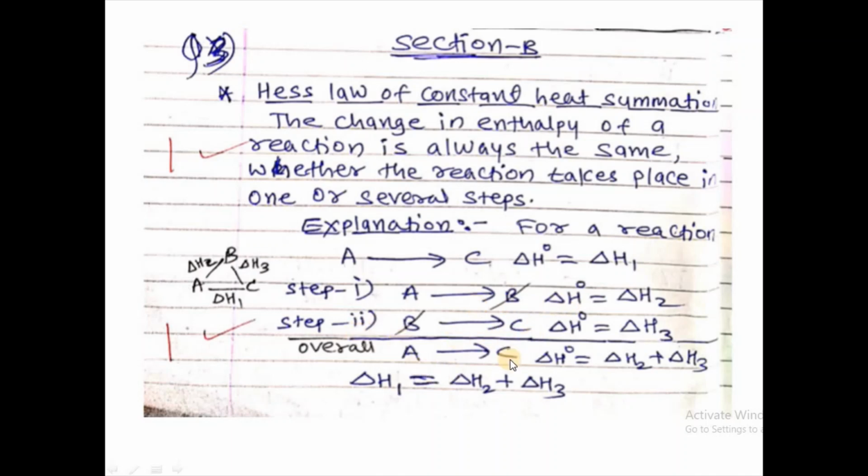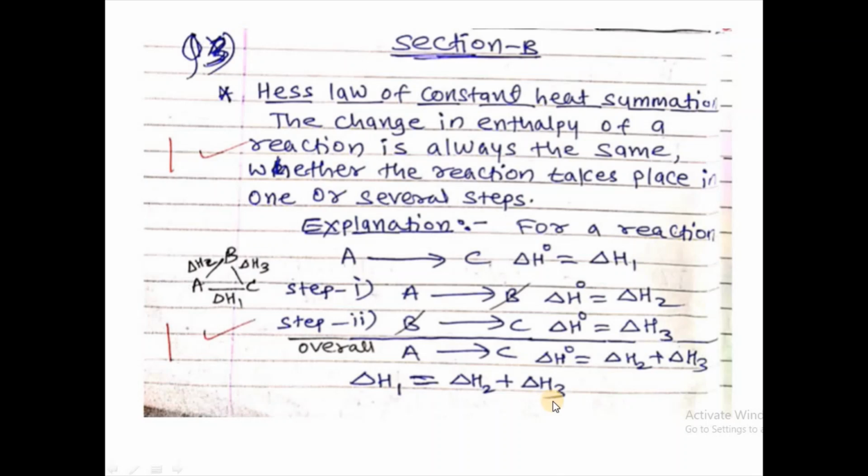get A into C. But the enthalpy change delta H1 for this reaction, the standard enthalpy change, if considered delta H1 for this reaction, delta H2 for this reaction, delta H3, then delta H1 is equal to delta H2 plus delta H3.